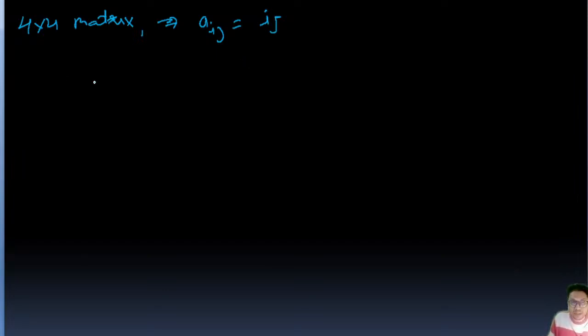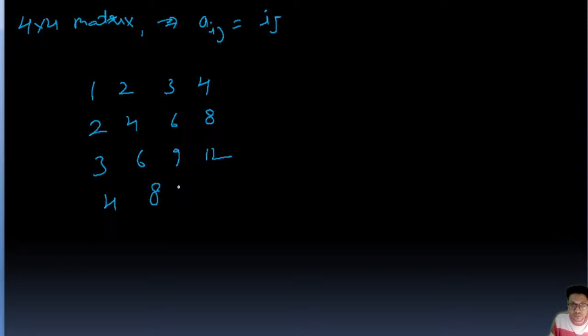The 4 cross 4 matrix is going to be 1, 2, 3, 4; 2, 4, 6, 8; 3, 6, 9, 12; and 4, 8, 12, 16. This is a 4 cross 4 matrix where Aij equal to ij.